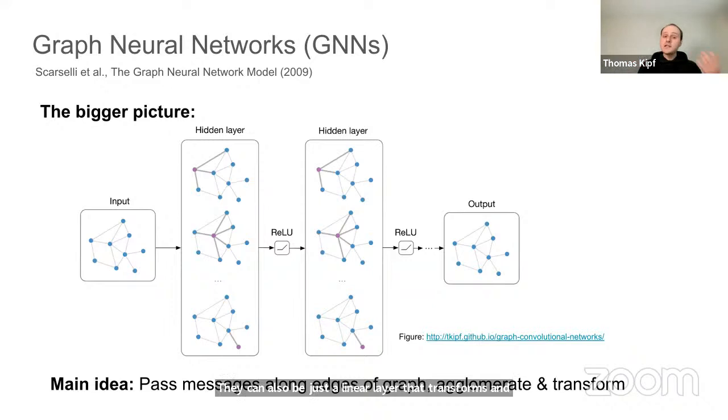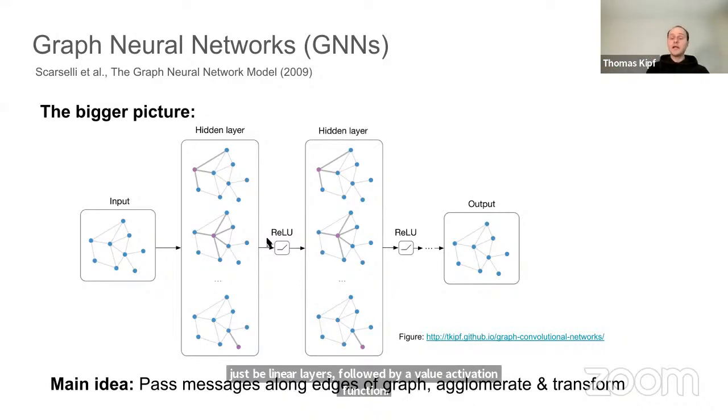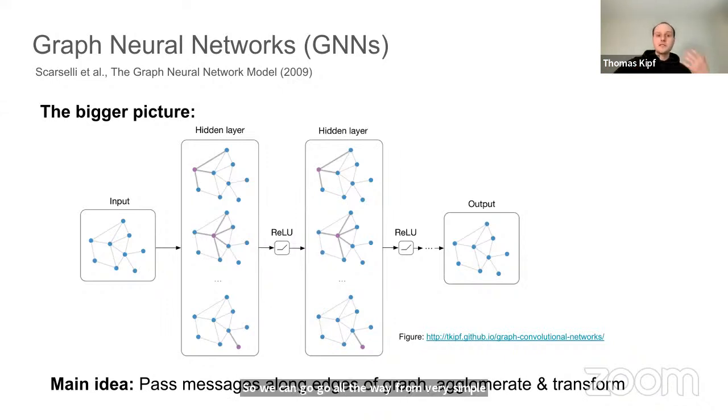Ideally, to have the most powerful models, we want those hidden layers to be neural networks by themselves. But in the simplest case, they can just be linear layers followed by a ReLU activation function. So we can go all the way from very simple, and it still works really well, basically linear propagation, all the way to full-blown per-layer function approximators with deep neural nets itself. It's a really great question.